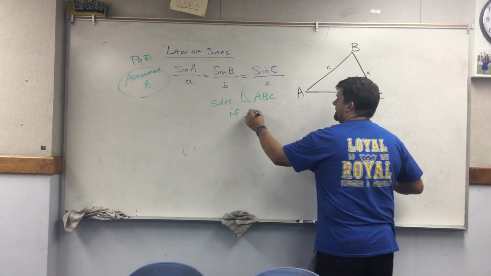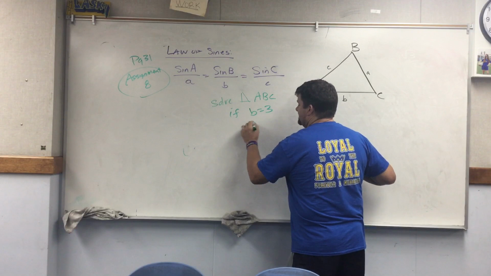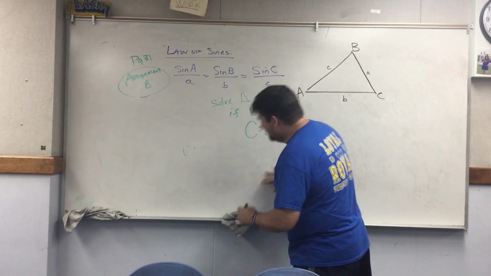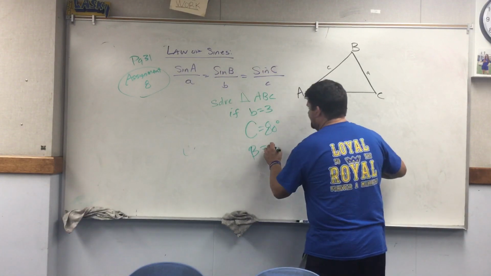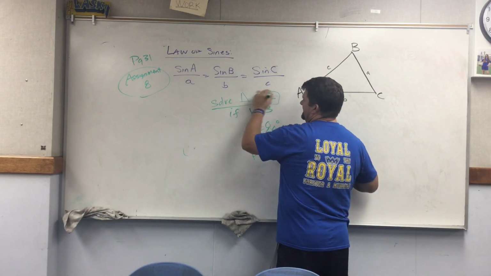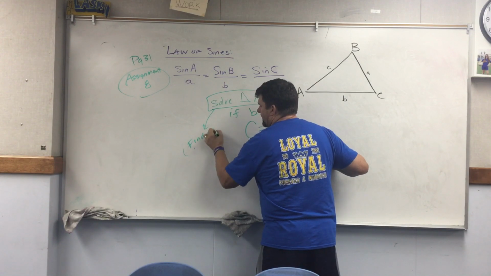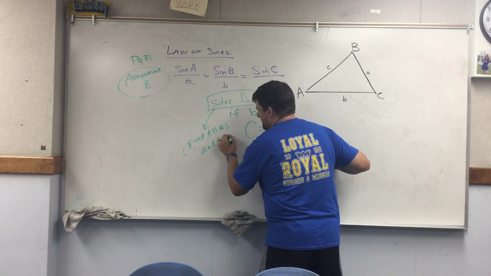If b equals 3 and C, capital C, equals 80 degrees, and B equals 45 degrees. So when it says solve ABC, that means find all angles and sides.